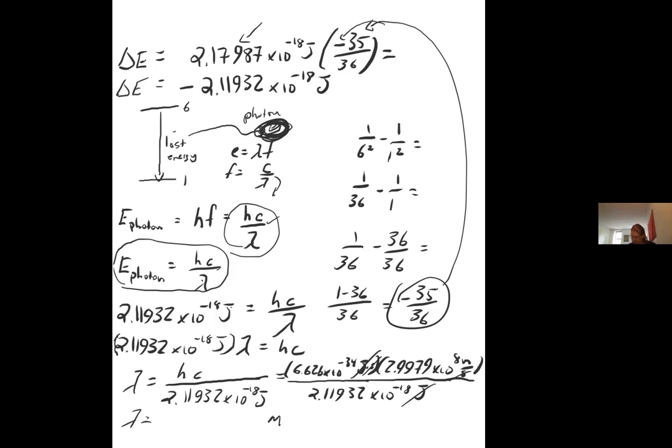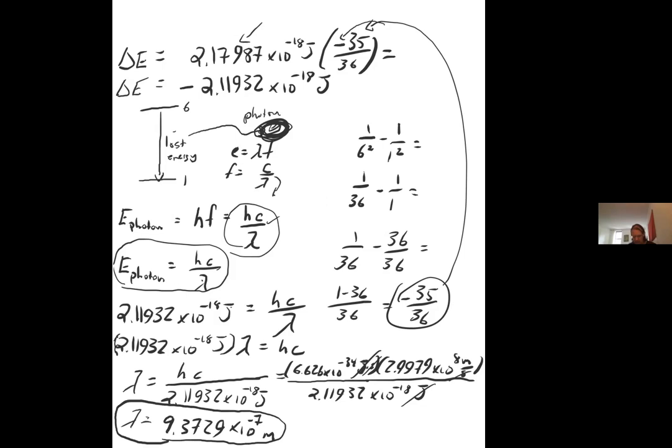And so what you get is 9.3729 times 10 to the minus 7 meters. So you get this really, really small wavelength.